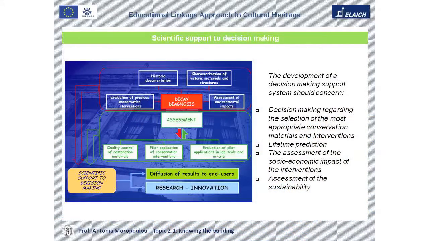The scientific support to proper decision making concerns the decay diagnosis and the assessment of materials and conservation interventions, in order to take proper decisions, which will have to be searched out in pilot applications in situ, in order to assure innovative applications, to inform society, and to assure that this application will be acceptable and viable.